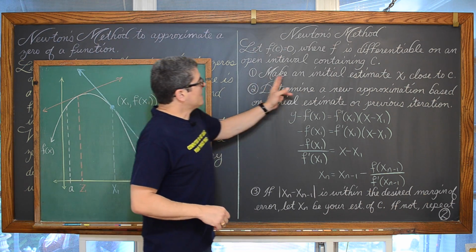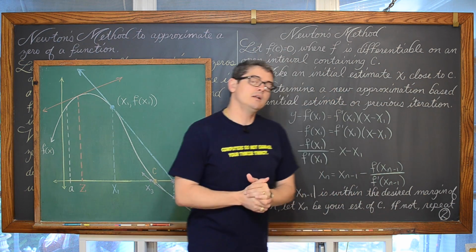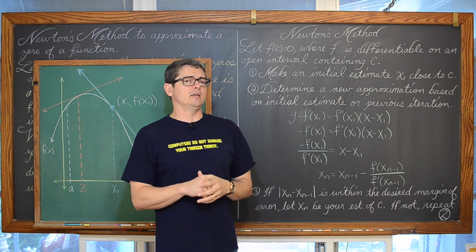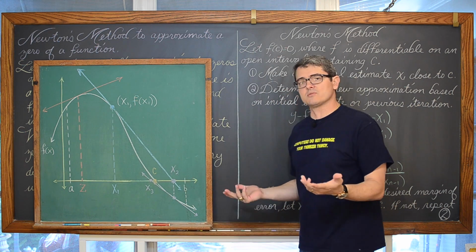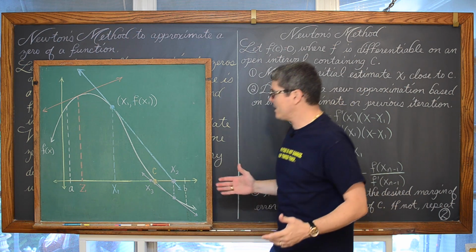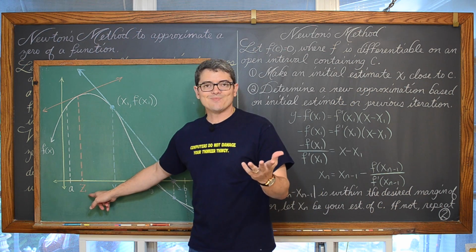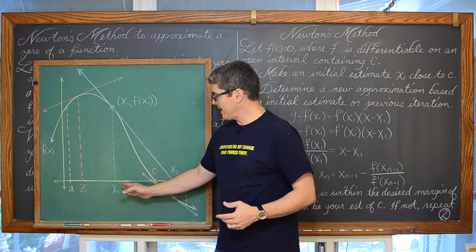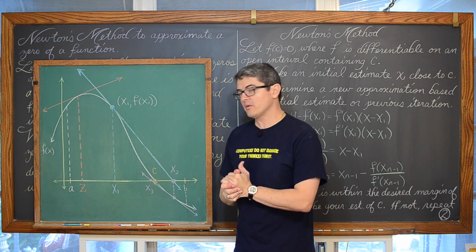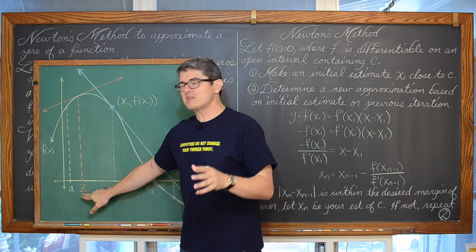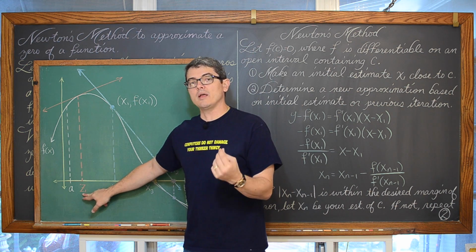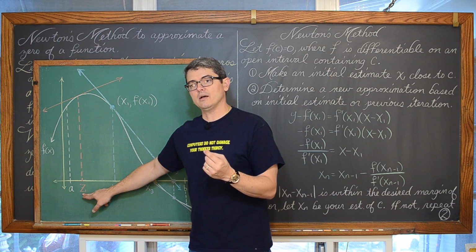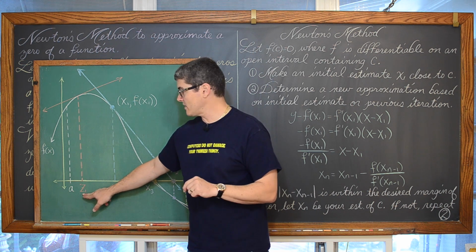We're going to make an initial estimate of x sub 1 close to c. Close to c. Them long distance relationships are difficult and a lot of times they don't work. You don't want to pick an initial estimate, I call this z, but just say temporarily let z equal x sub 1, or this is my initial estimate of the zero that we're trying to estimate.